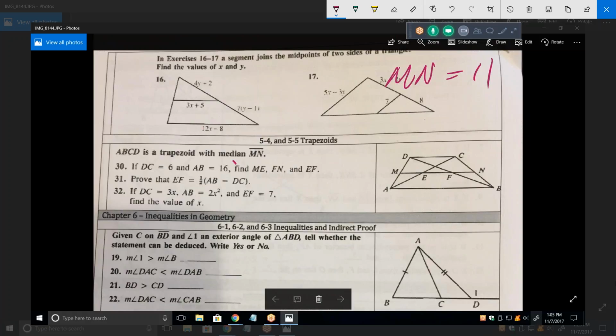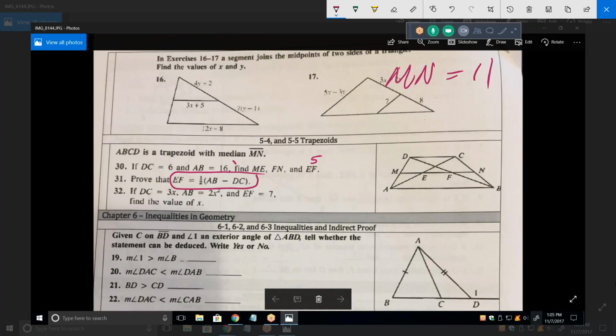Okay, and that would tell us that it's 5. So if that is true, now I can go back to that problem, and I do know that EF is 5. Still not sure that that makes ME and FN both 3. Let's see if we can figure out how to prove this.